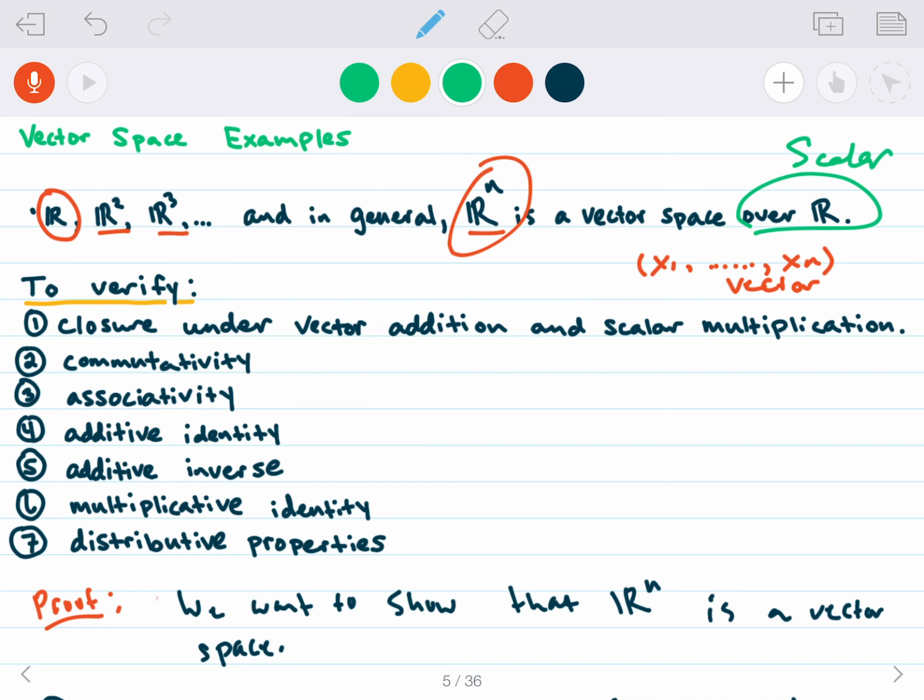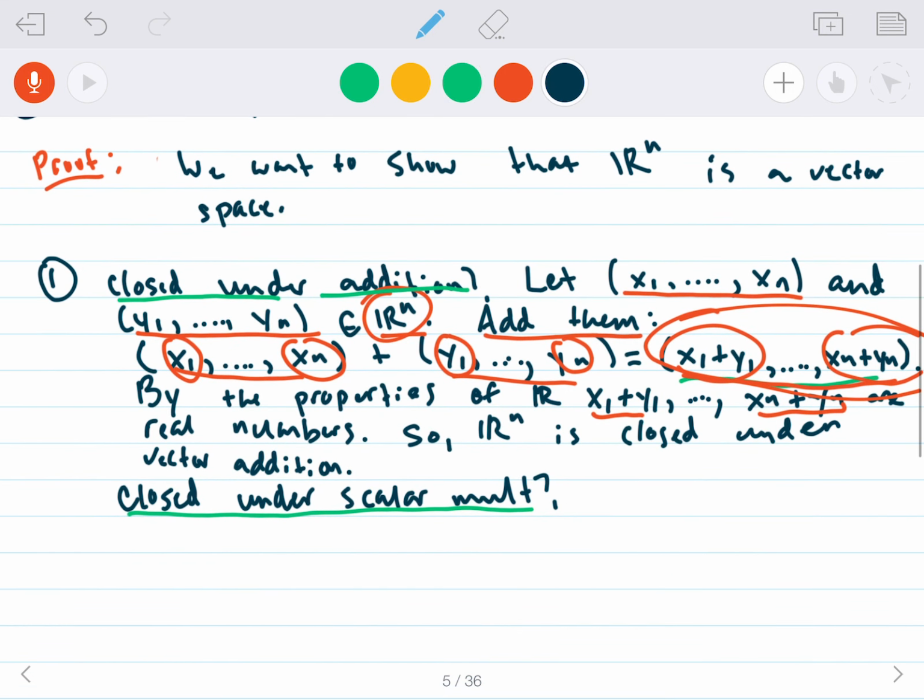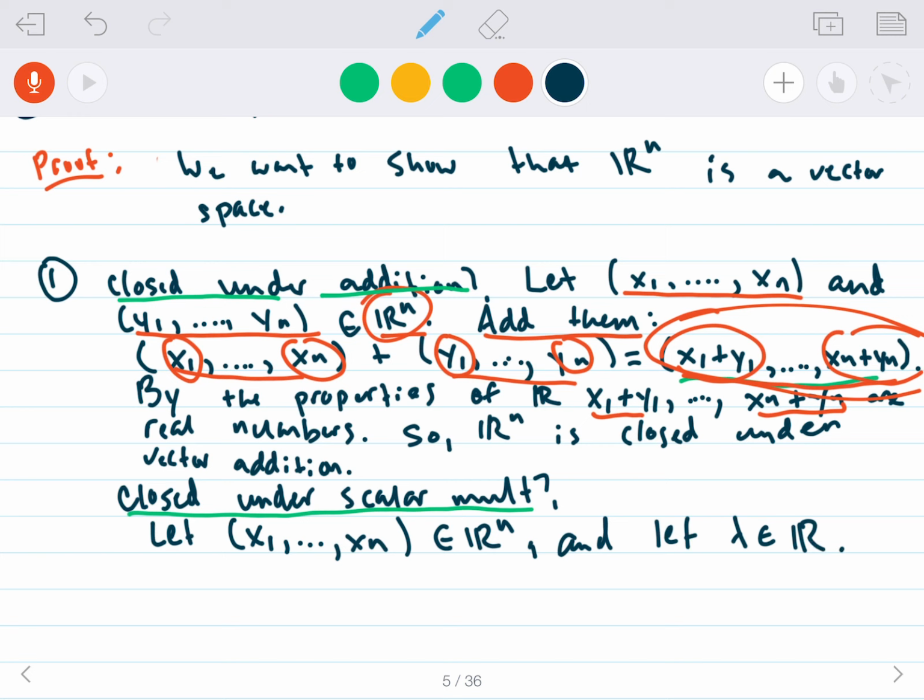So over R, scalars are R. Again, we start with an arbitrary vector from Rn. So let x1 dot dot dot xn be in Rn. And let lambda be in the real numbers. So that's our scalar.